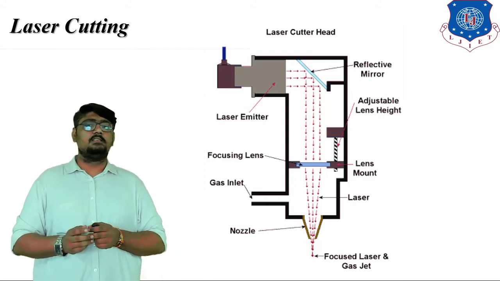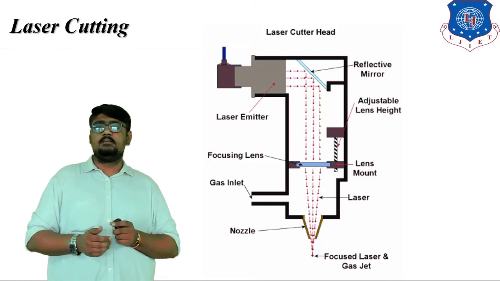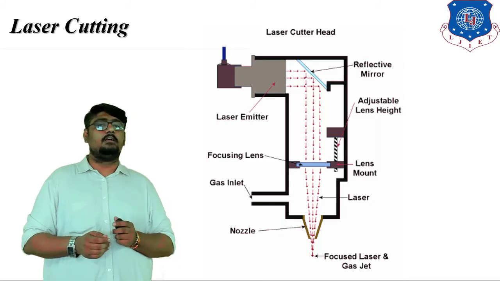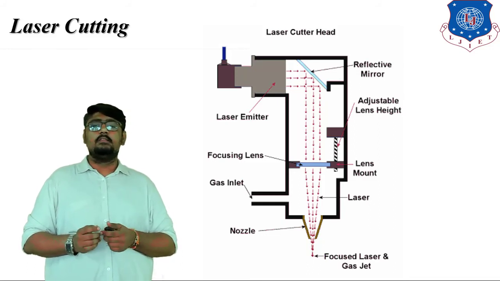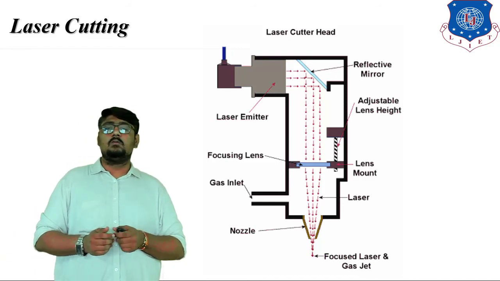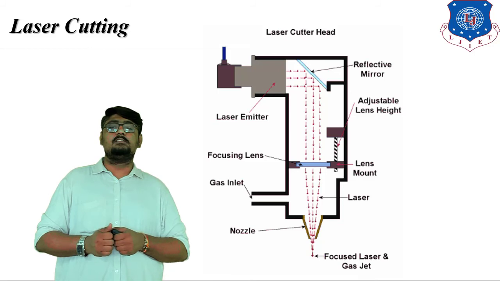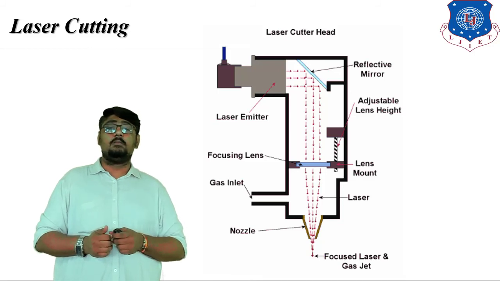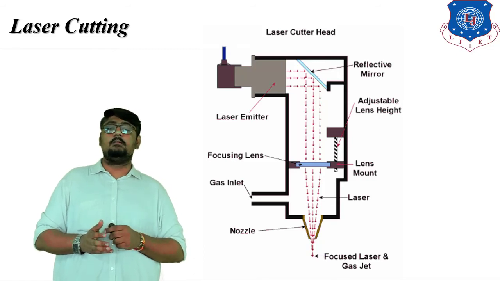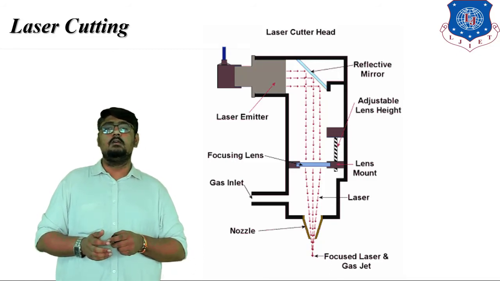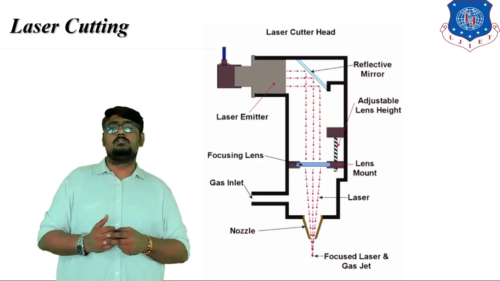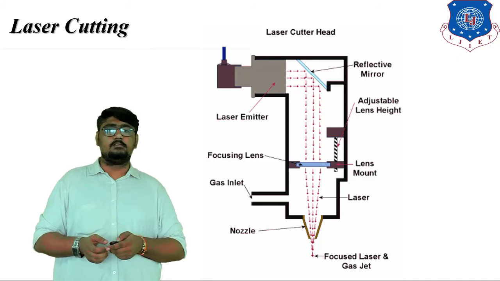The advantages of laser cutting are high precision, high quality edge, and no physical contact between the workpiece and the cutting tool. The application is to cut plastics and ceramics, to cut stainless steel, nickel alloys and other metals, to cut all types of metals including carbon, aluminum and superalloys. So that indicates that high strength materials can also be easily cut with the help of lasers.